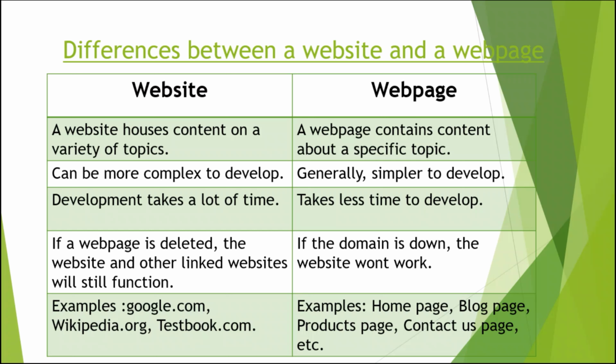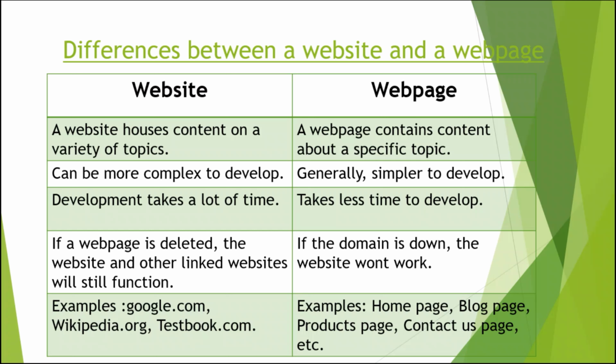So the next difference is that a website can be more complex to develop, while a web page is generally simpler to develop. Okay, so let's talk about this just for a while. I said a website can be complex to develop and a web page is generally simpler to develop.